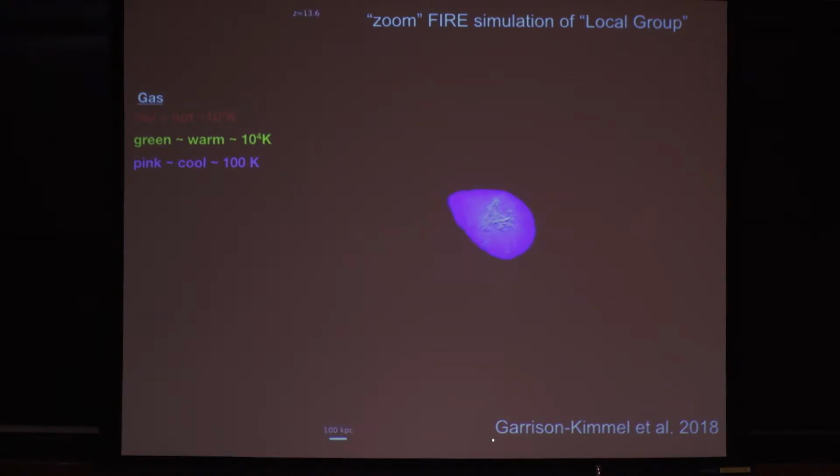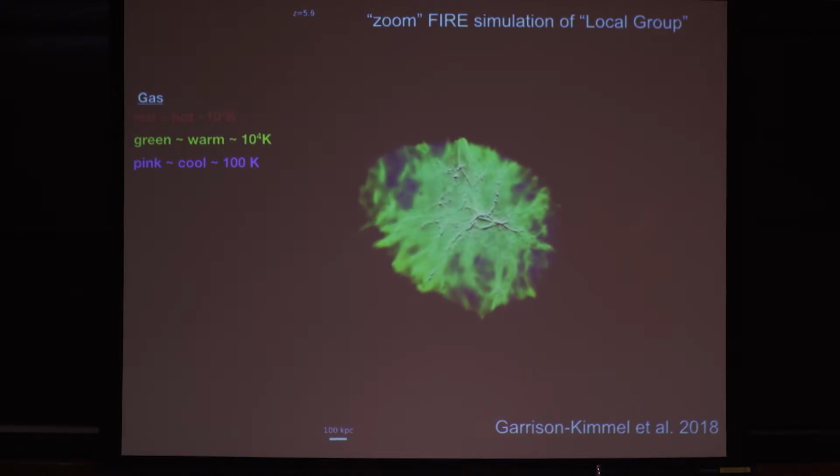I'll start again. This is 100 kiloparsecs across. This is redshift 13.6. This is all the gas that's going to end up in the Local Group, starting off in this region. So you can get a sense of what we're doing with these zoom-in volumes. The region expands with the universe as it gets bigger, and then you'll see it recollapse. That was reionization turning on.